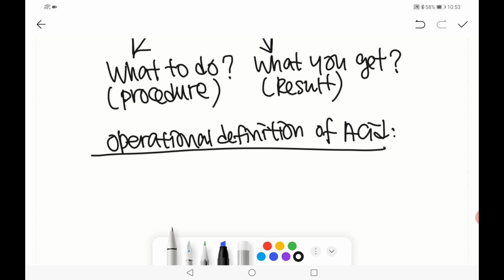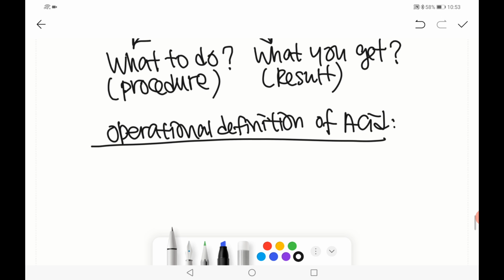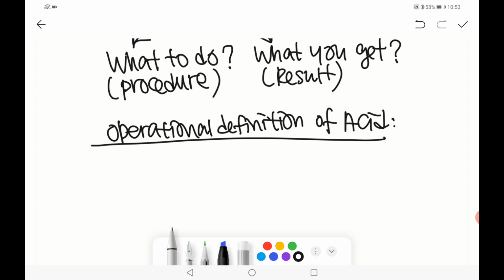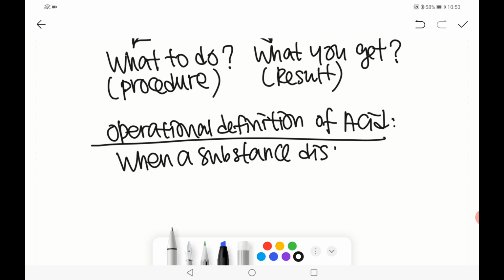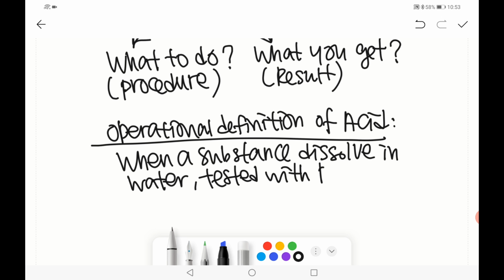You put in a blue litmus paper. So if that substance is acid, what are you getting? You are getting the blue litmus paper turning red. So what is the operational definition of acid? You write this: when you take a substance, dissolve it in water and then test it with blue litmus paper.